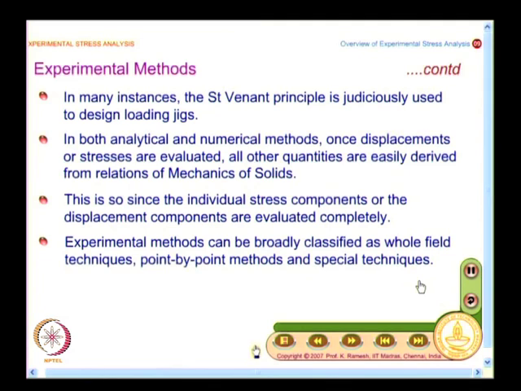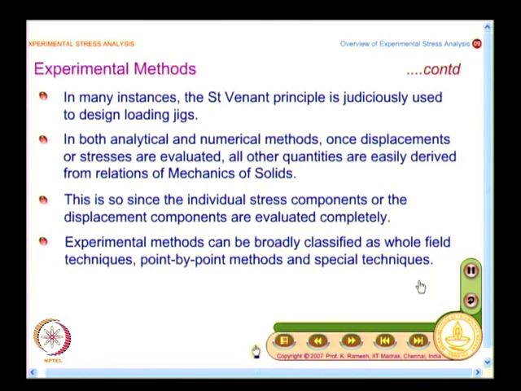So that physical principle imposes certain restriction on what you can measure in an experimental technique. Suppose I measure stress, I cannot measure all 6 stress components. I can measure only a particular stress component or a combination of them, which is dictated by the physical principle employed in the technique.